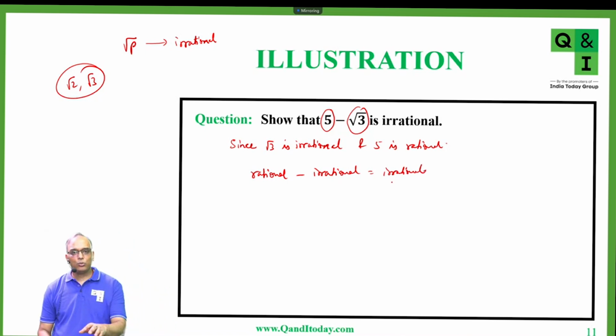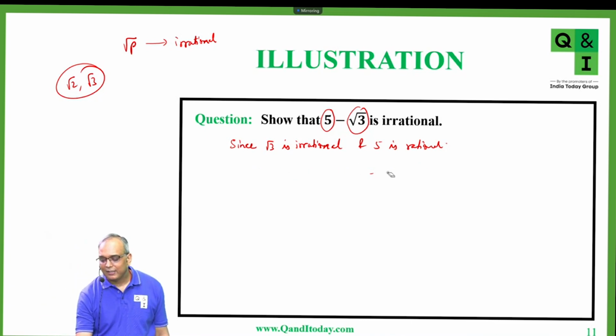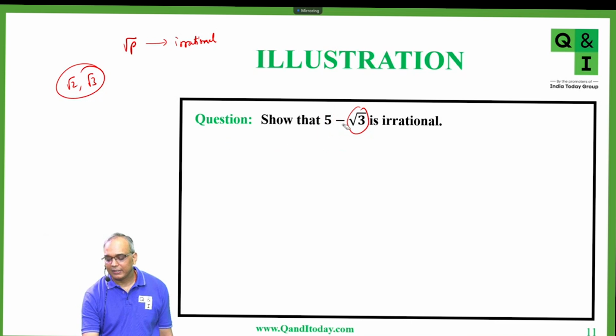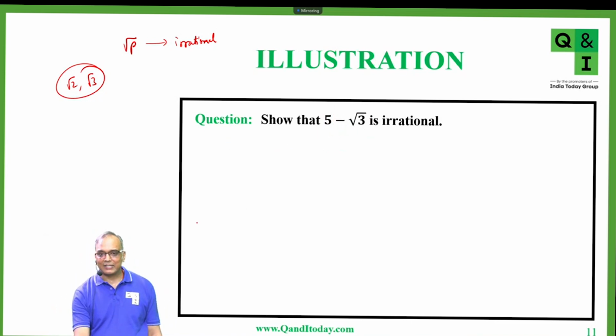But you will not do it directly. You will again prove it by contradiction. We know that this is going to be irrational, but this is not the way you have to prove. Since you have to show it, we will do it in a different way, by negation, by the contradiction method which we have just done.